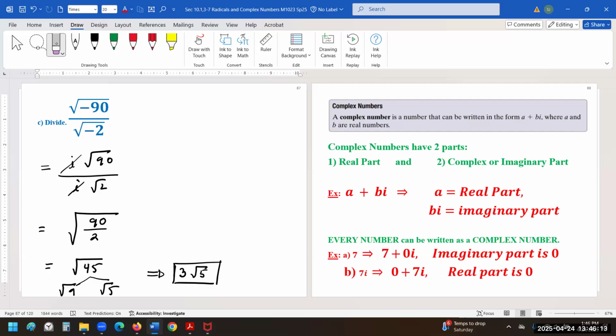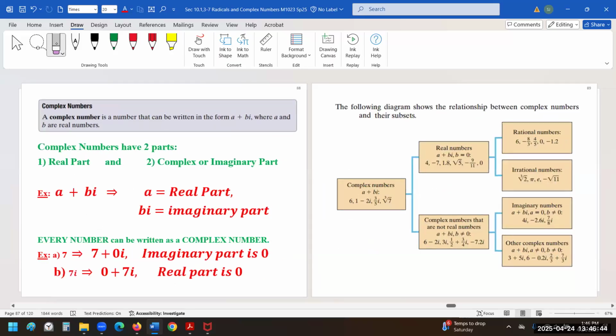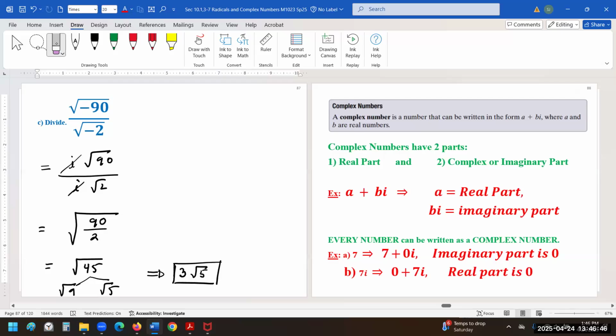So it's a plus bi, where a and b could be any number: whole number, fraction, decimal, anything. We can write a real number as a complex number by adding 0i. Or we can write an imaginary number in complex format by adding a 0. In other words, we can write anything as a complex number. Why do we care? We care because when you add and subtract, we add and subtract the real portion with the real portion and the imaginary portion with the imaginary portion.